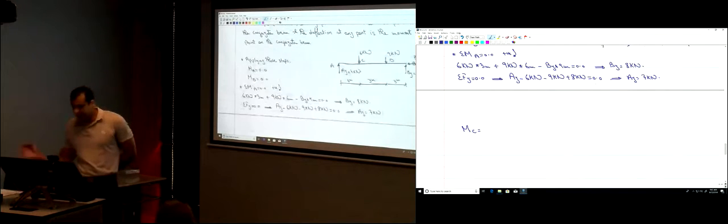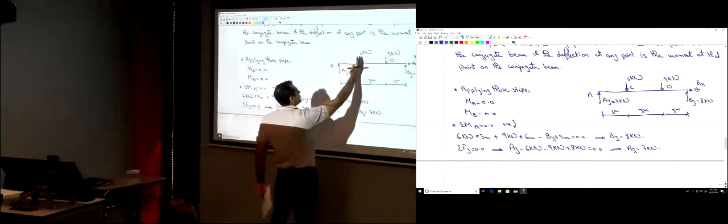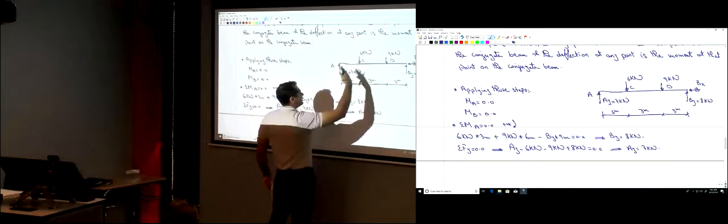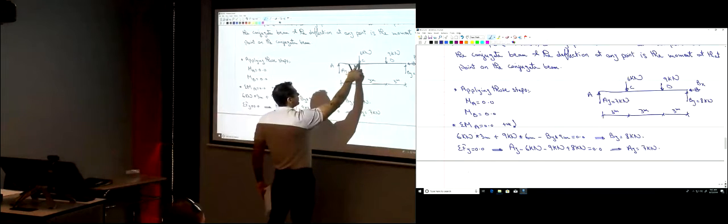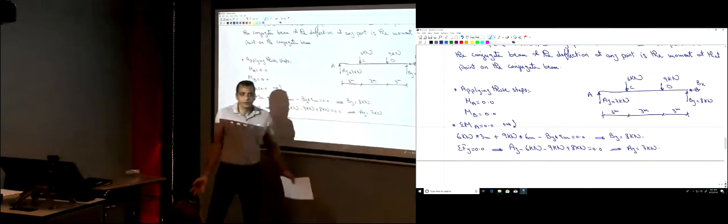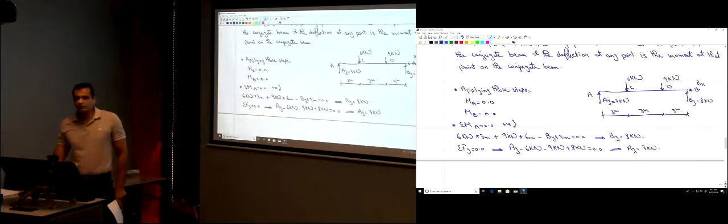You can take a section and find MC, but I'm just going to do it in my mind here. So MC, when you cut here, there will be the shear and the moment and the normal force. Taking moment about point C, MC is going to be AY times 3. Right? Any problem with that? You don't need to draw the free body diagram. If you draw the free body diagram of the section at point C, here you have AY, which is 7 kilonewtons.